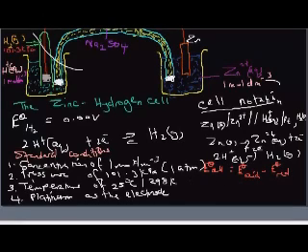At times it can also be written as the electrode potential of the cell is equal to the E of the cathode minus the E of the anode.